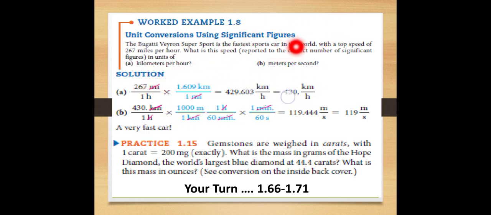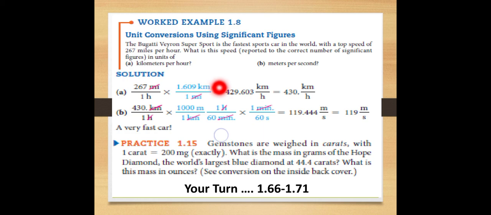In part B we have to convert that speed into meter per second. We know that 267 mile per hour is equal to 430 kilometer per hour. We can use this as well. We know that 1 kilometer is equal to 1000 meter. We apply this conversion factor, and 1 hour is equal to 60 minutes, and 1 minute is equal to 60 seconds.